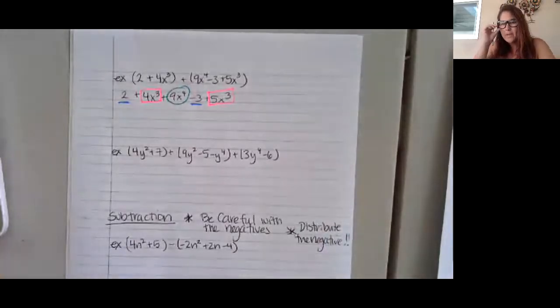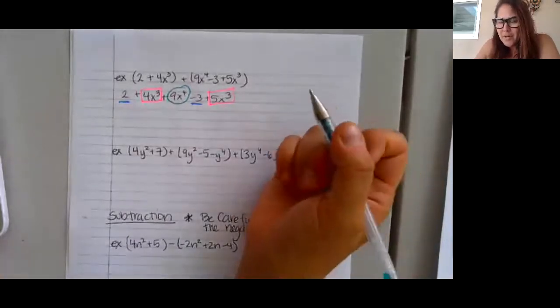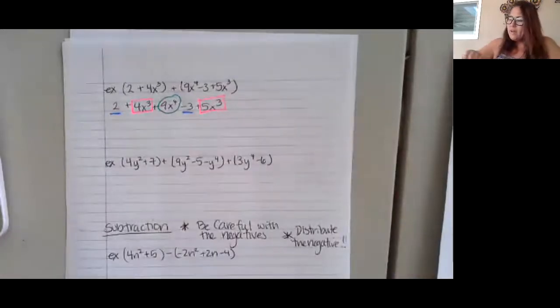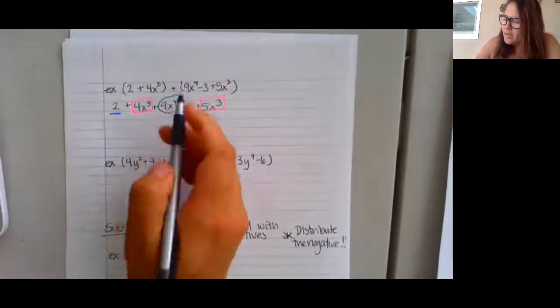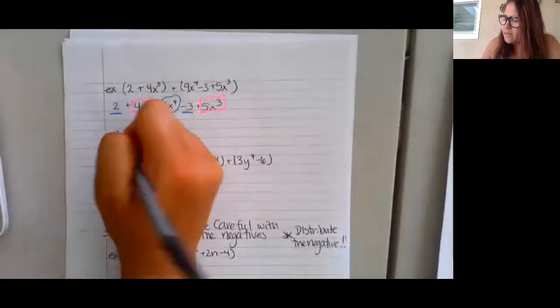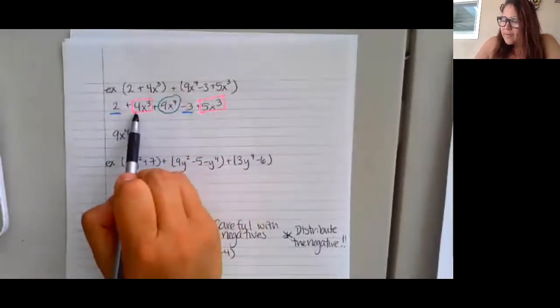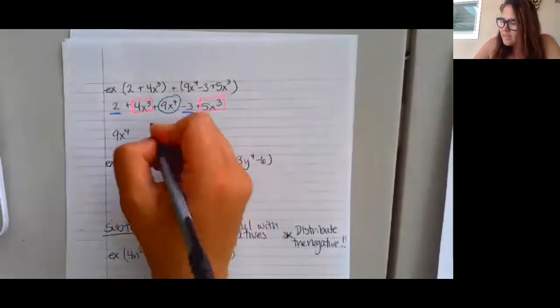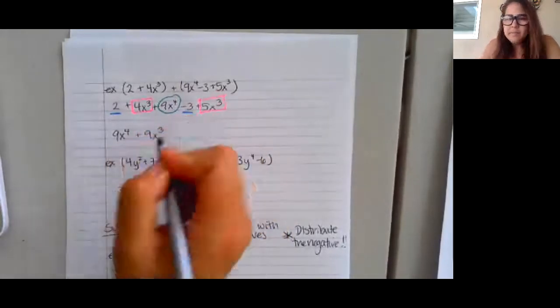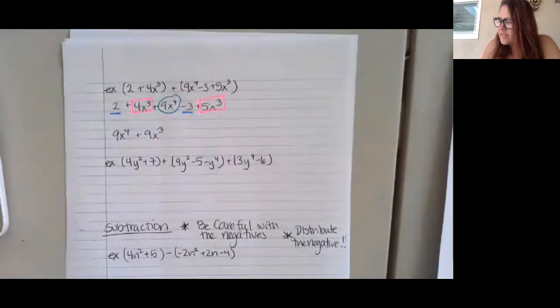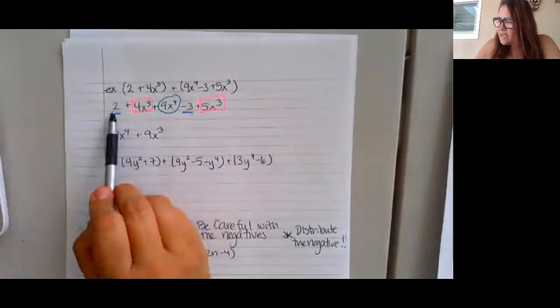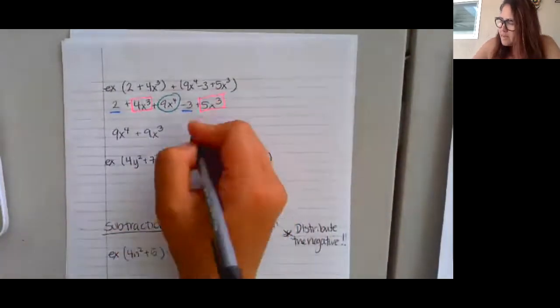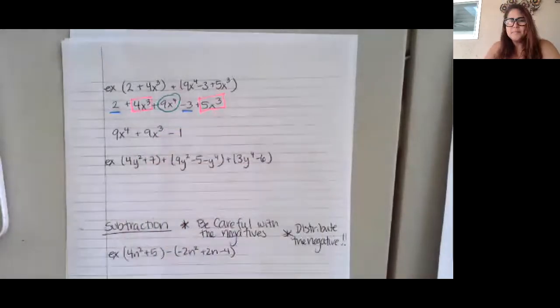And if I'm going to write it with my highest variable first, then I will have, starting here, 9x to the 4th. I have 4x cubed and positive 5x cubed, so that is 9x cubed. And then I just have a positive 2 and a negative 3, which get me a negative 1.